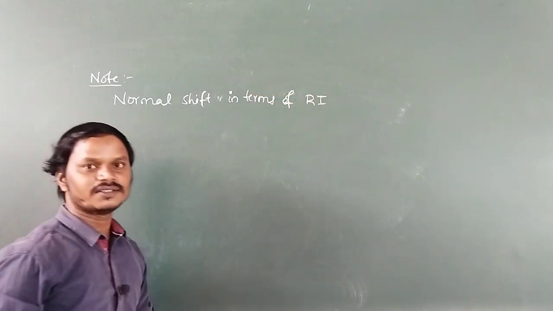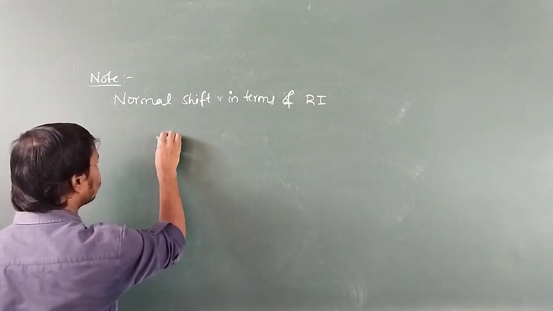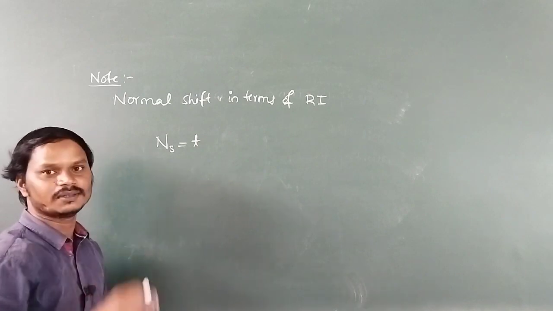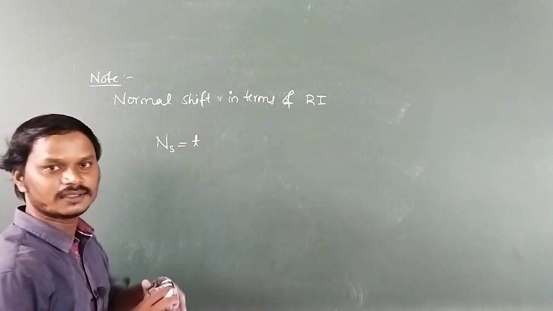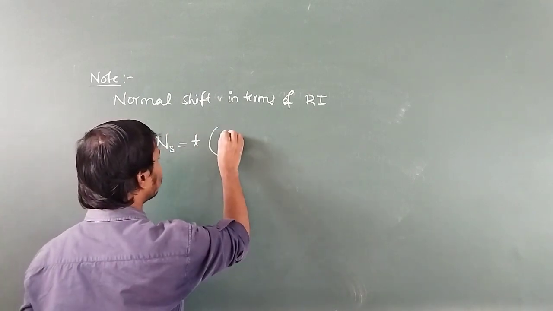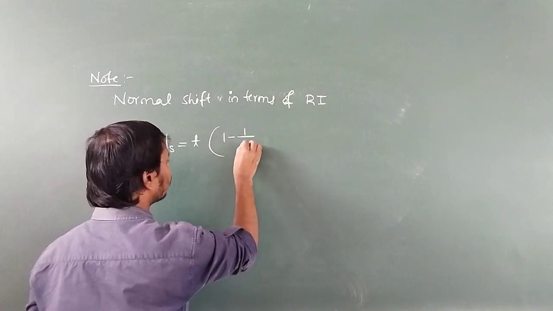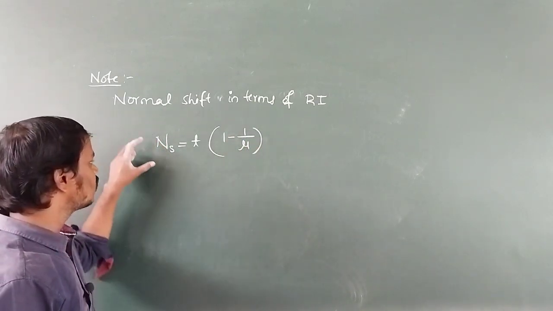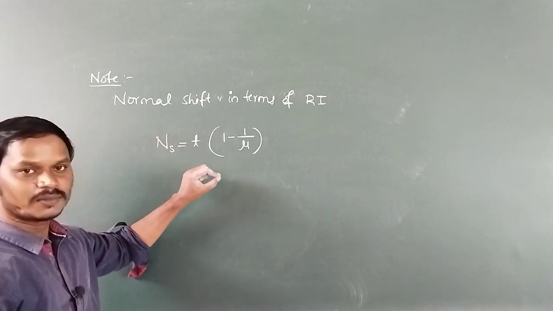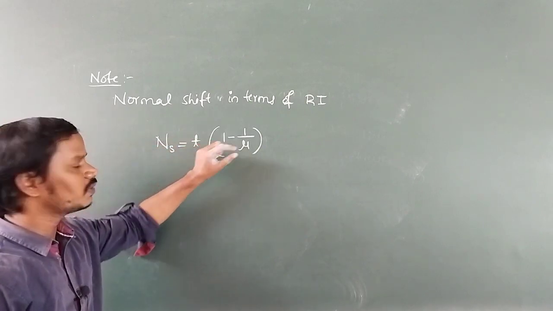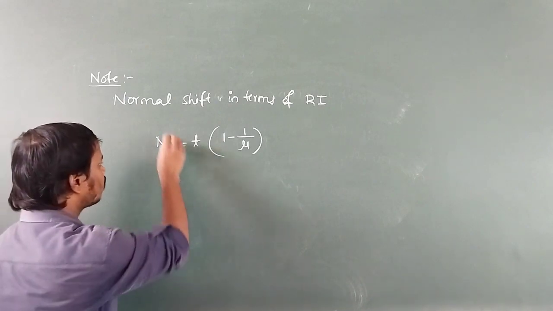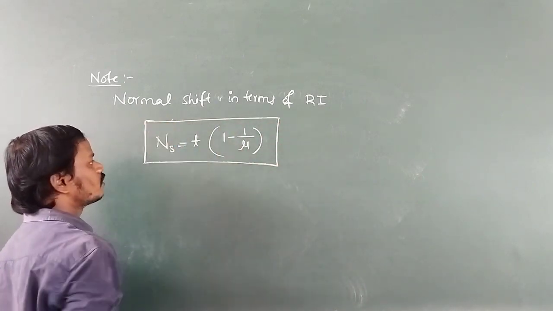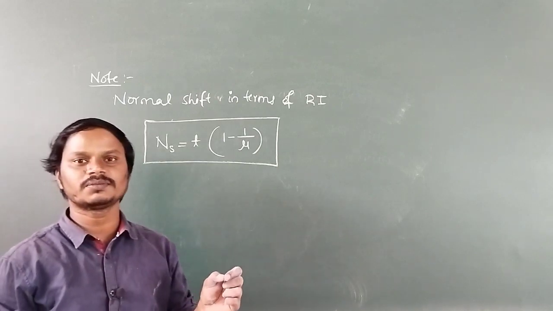RI means refractive index here. That is ns is equal to t into, where t means real depth, t into 1 minus 1 by mu. Okay, so this is the expression used to find normal shift in terms of refractive index. Remember this formula. So this is all about lateral shift and normal shift.